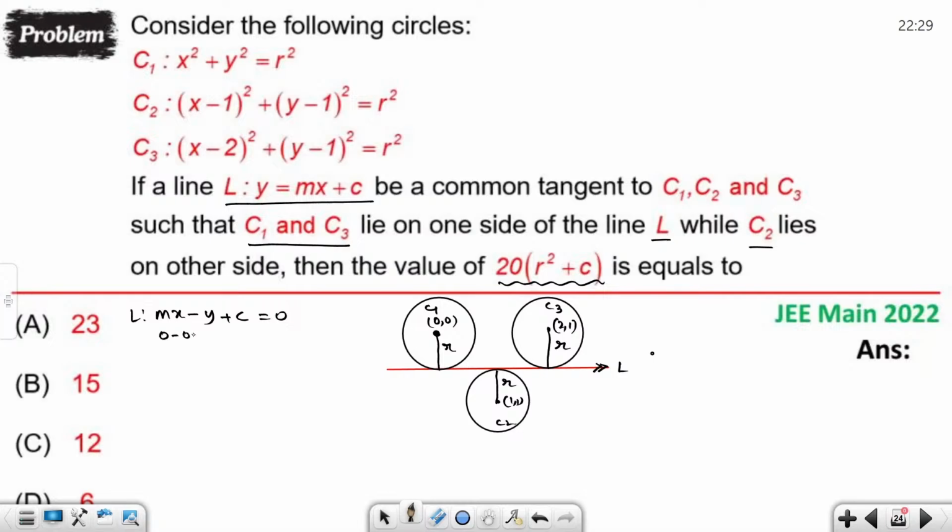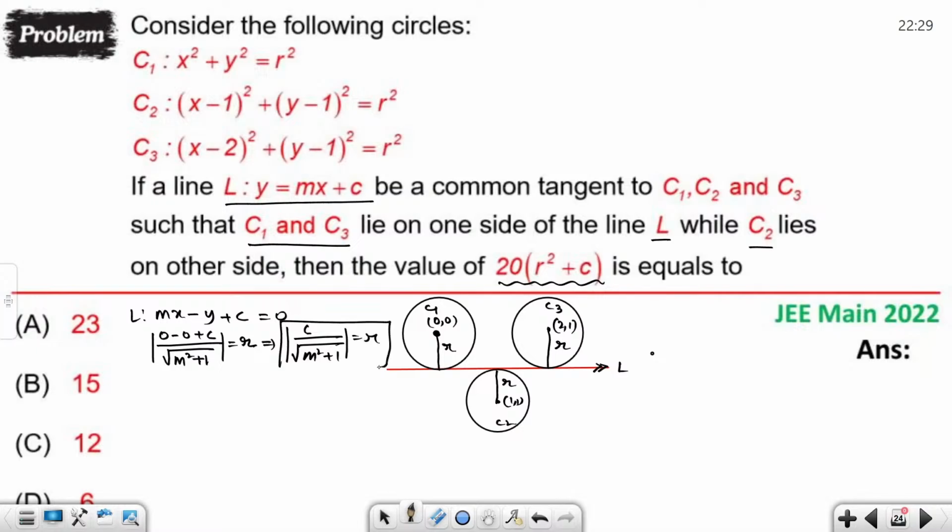It's 0 minus 0 plus c divided by root over of m square plus 1. And what is this? This length is nothing but the radius of this circle, which is equal to r. Now, same thing if I apply. So from here we are getting, let me just simplify this.